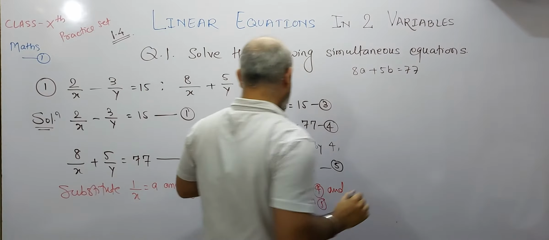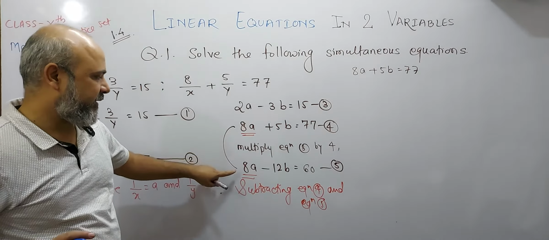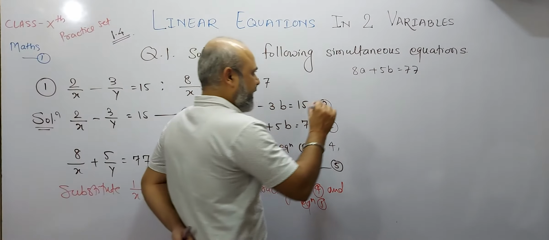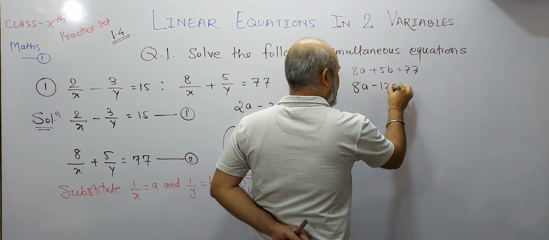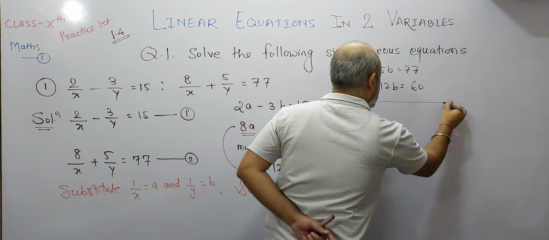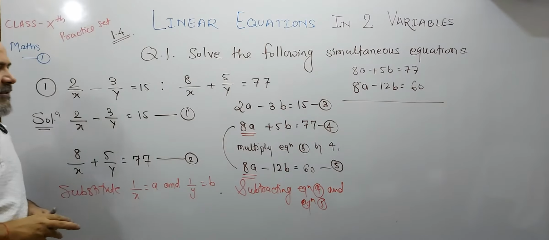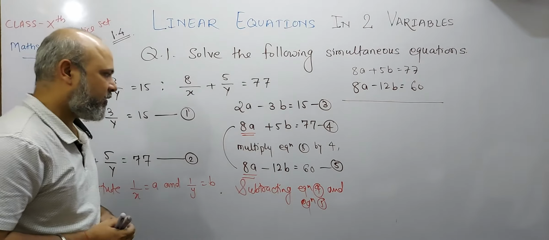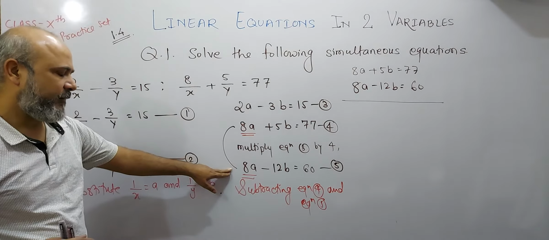Okay. Equation number 4 is 8a plus 5b is equal to 77 and this is what? 8a minus 12b is equal to 60. Clear?